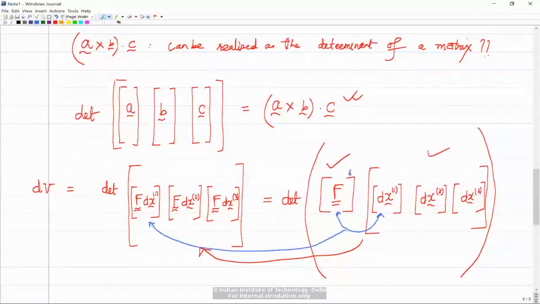Then again the first matrix into the second column gives you the second column of the resultant matrix. And likewise for the first matrix into the third column. Are you guys with me? It is not so easy to see this.